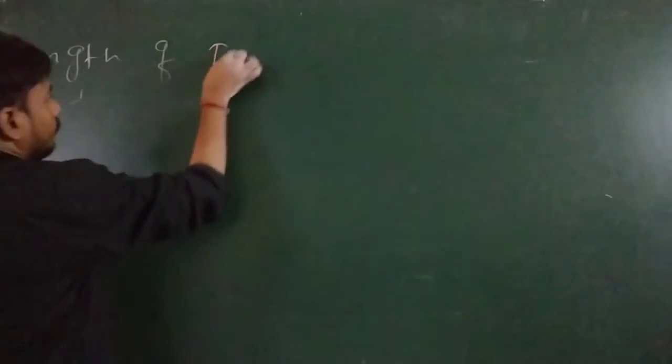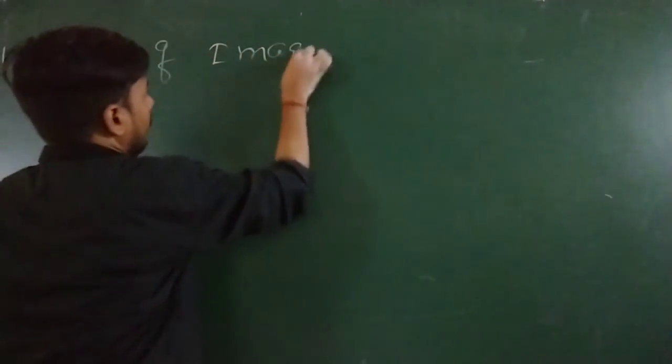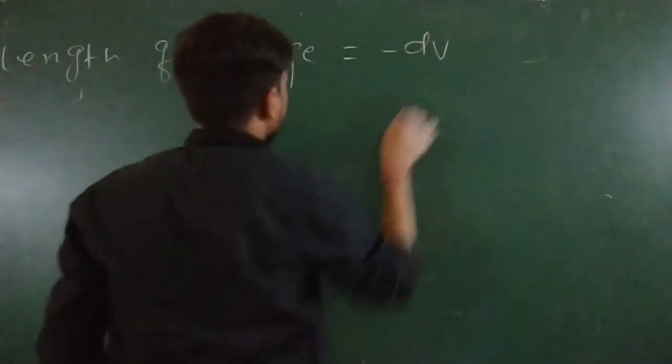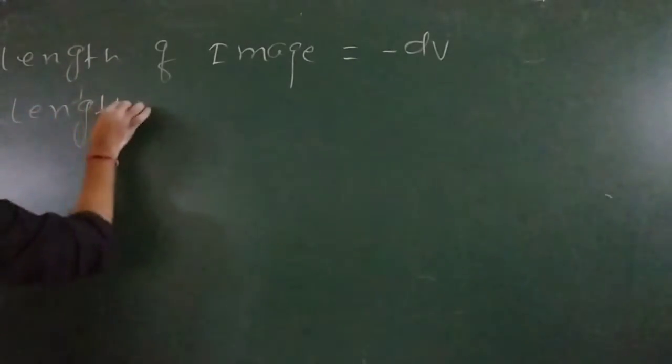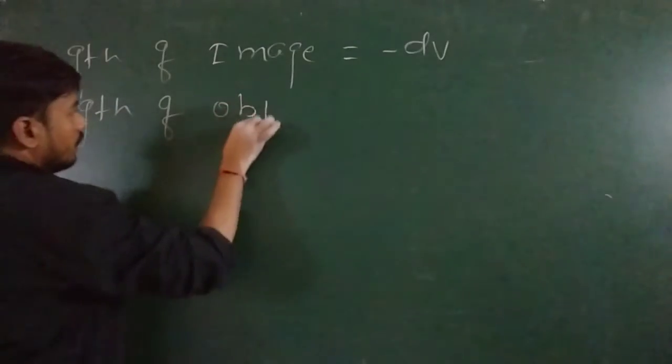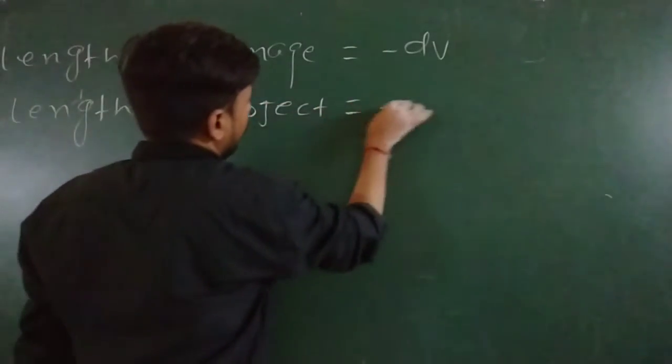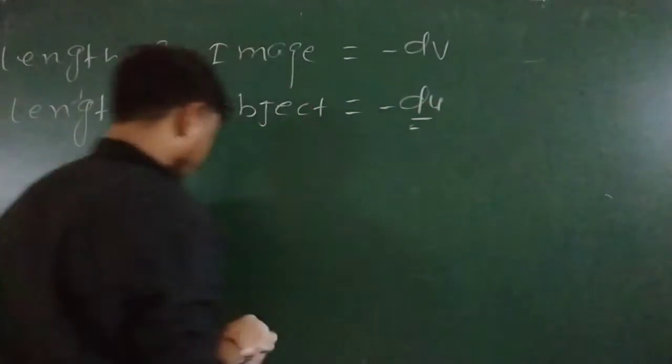So see here, length of image is equal to minus dv. Length of object is equal to minus du.